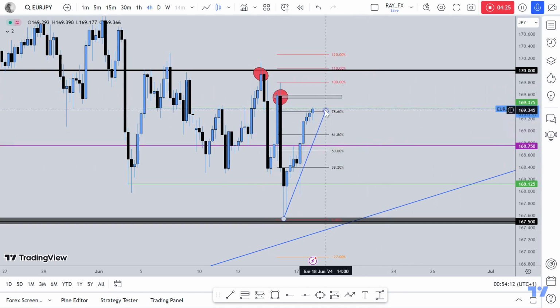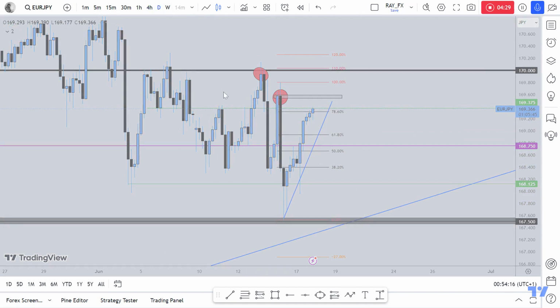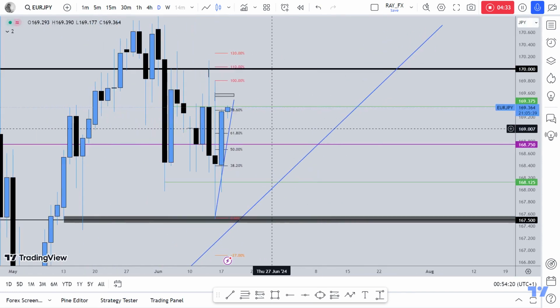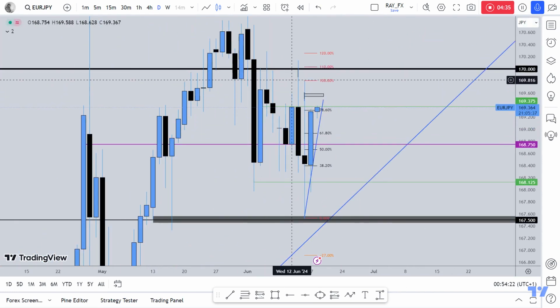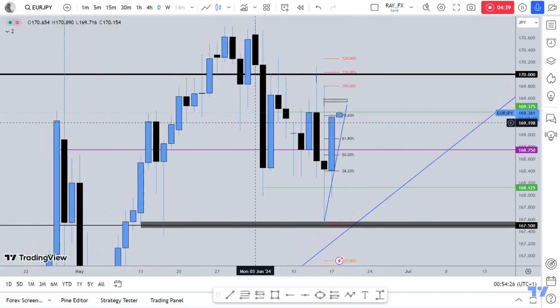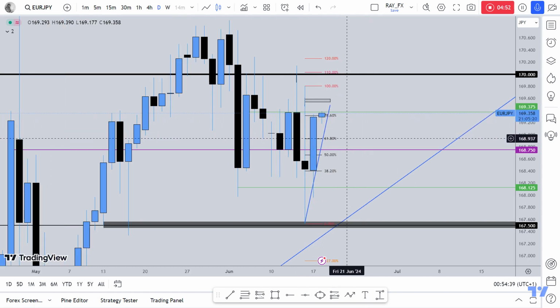So for a sell setup, I'll wait to see bearish evidence. Any sort of bearish evidence could be a doji, even an indecision candle after this momentum, to show me that this momentum has slowed down and the buyers that pushed the price this high are no longer in the market, before I look to take a sell.